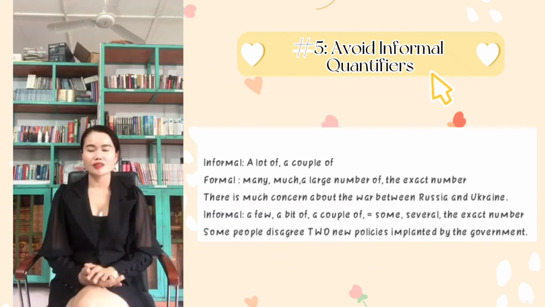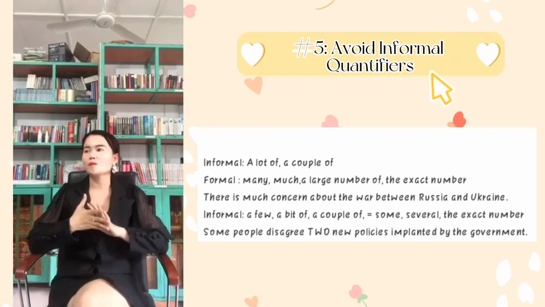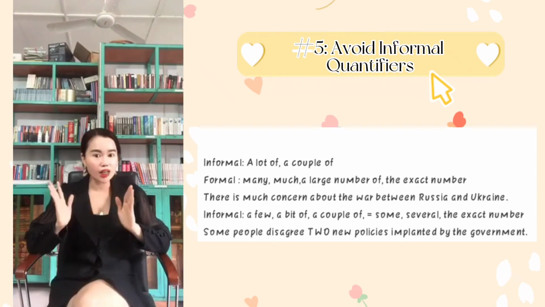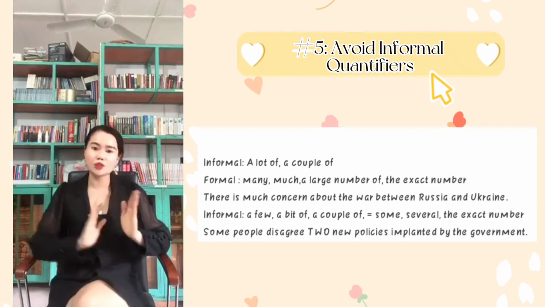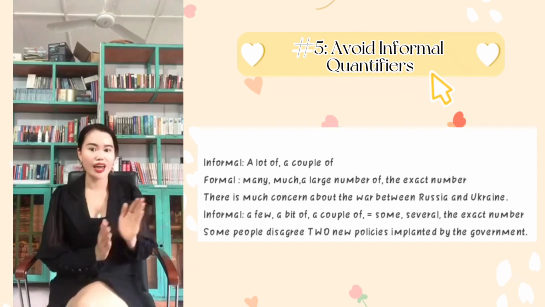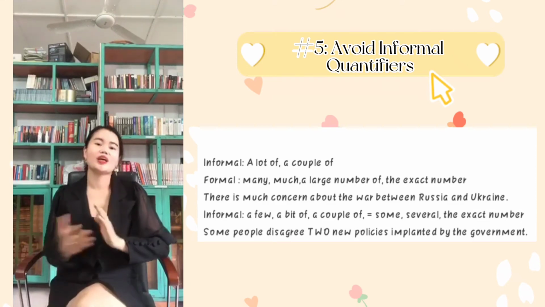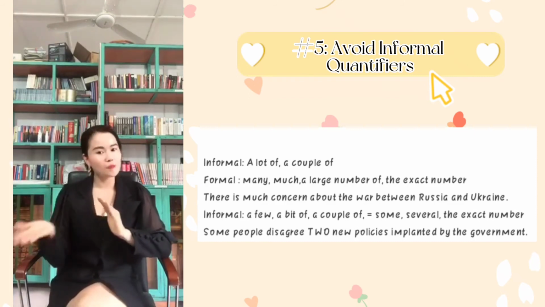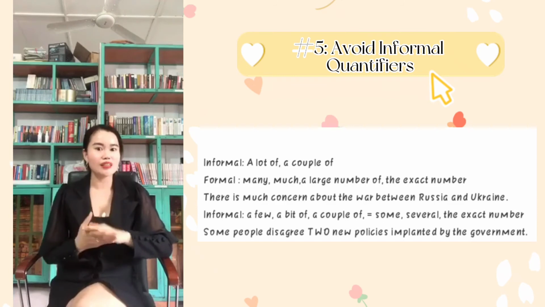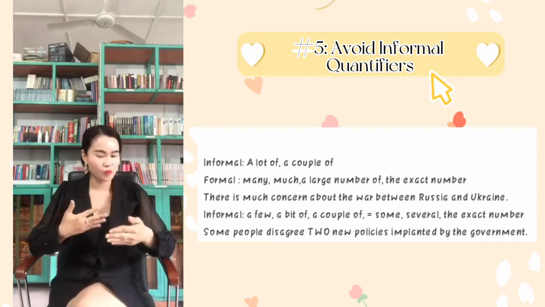Another thing is, wait, I'm gonna give you an example sentence. There is much concern about the war between Russia and Ukraine. So as you observed, I didn't use the words a lot of, a couple of, a bit of. Instead, I used the word much.